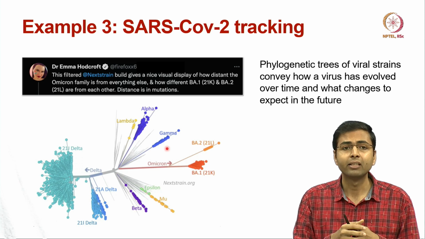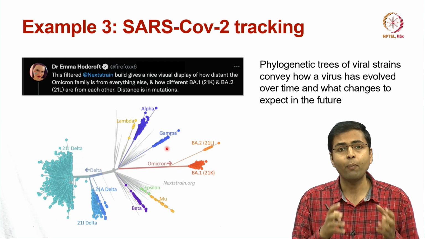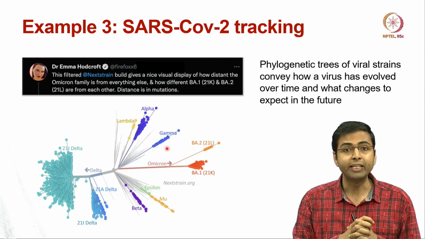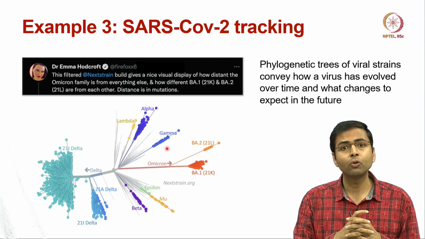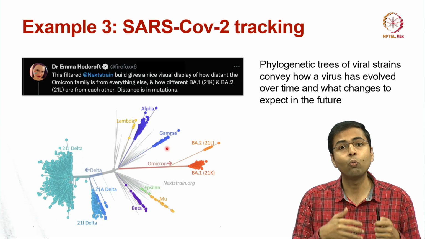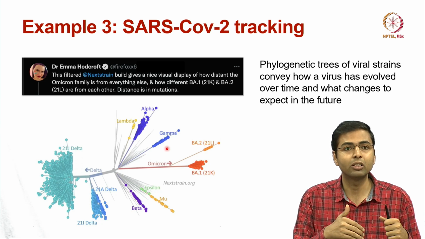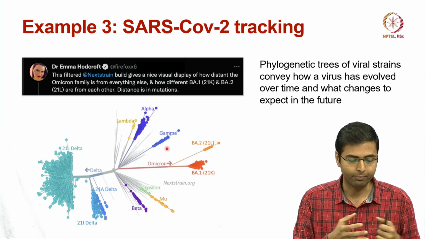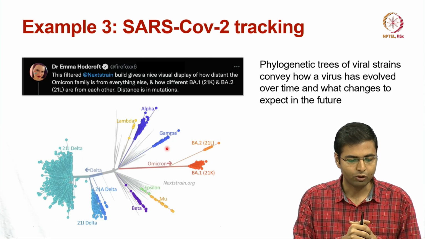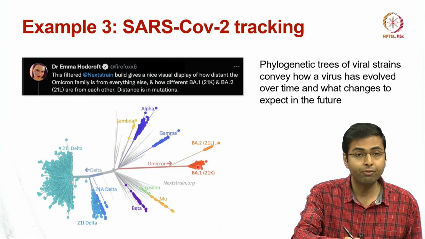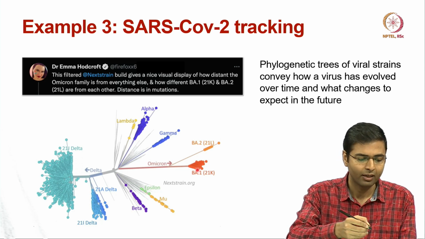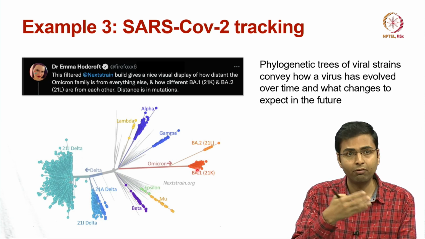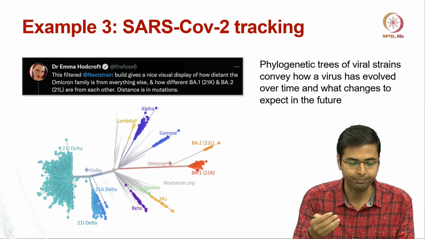Again, this was very important for all the vaccine development efforts. In fact, these trees can also give insights into what changes to the viral genome may happen in future as well. For example, some viral strains may be fast evolving, whereas some may be slow evolving, and this can be revealed from the phylogenetic tree as well.